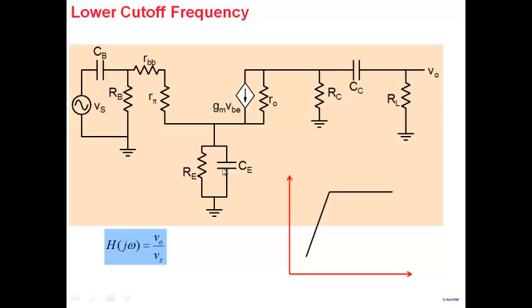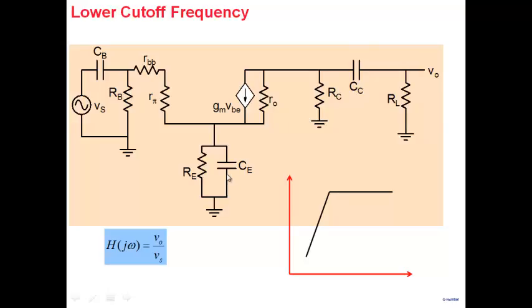Now suppose I determine 3 dB frequencies. One of them, let's say, is 10 hertz. Another one of them is 20 hertz. And the third one of them is 1 kilohertz. 10 hertz, 20 hertz, and 1 kilohertz. What do you think will be the 3 dB?